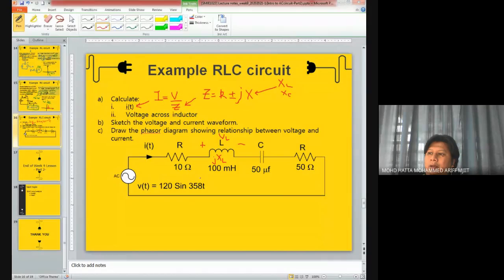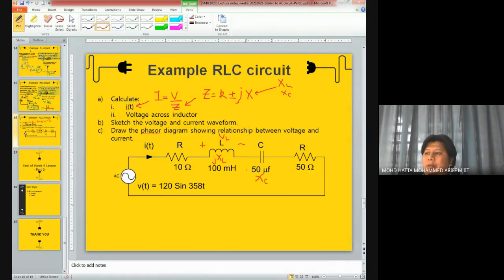If you look at the circuit, we know that these two need to be converted into reactance values. So this capacitor will be represented by XC, and there is a calculation we need to do in order to get this XC as well as XL.